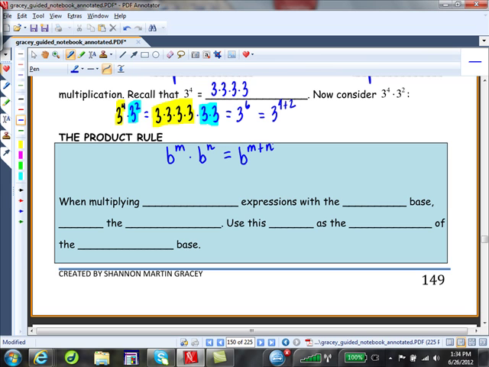If you have the same base raised to 2 different powers and you're multiplying, you add the exponents. So here it is in words. When multiplying exponential expressions with the same base, add the exponents.